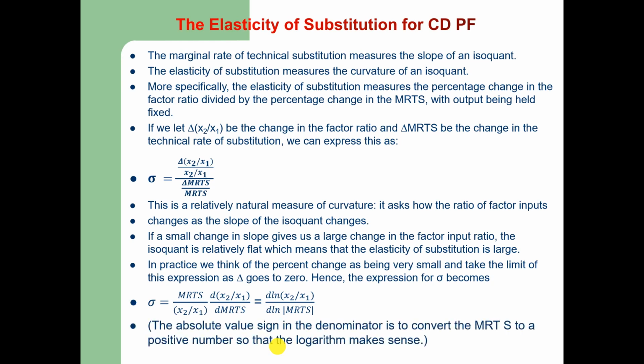The absolute value sign in the denominator is to convert the marginal rate of technical substitution to a positive number so that the logarithm makes sense. So keep this in mind.